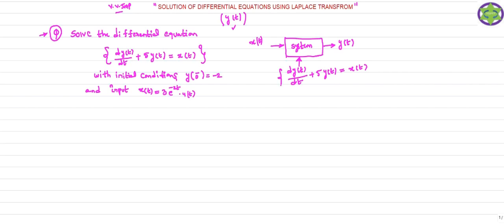And x of t is the input of your system, which is also given.